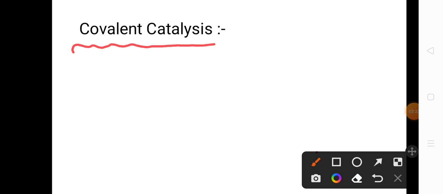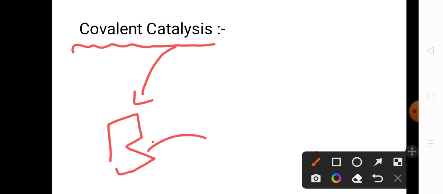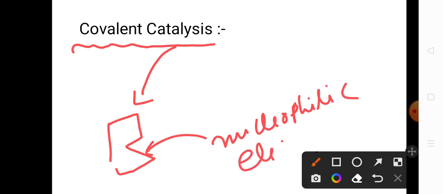If we talk about covalent catalysis in detail, first of all we have to learn that for performing covalent catalysis, the enzyme should have an important thing in its active site. That is, the active site of the enzyme should contain either a nucleophilic center or an electrophilic center.